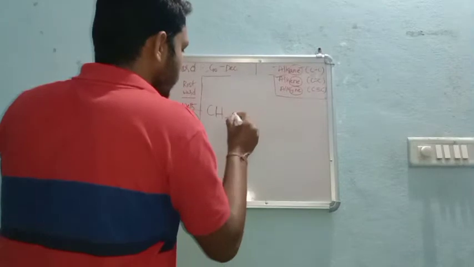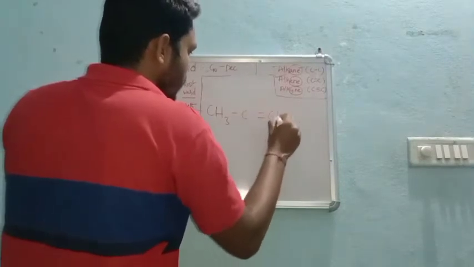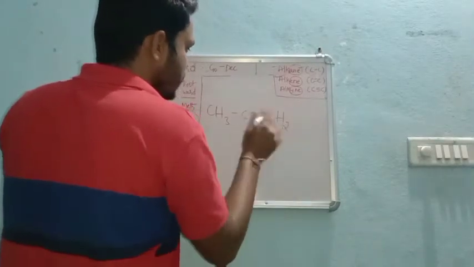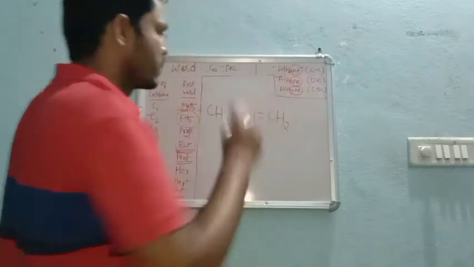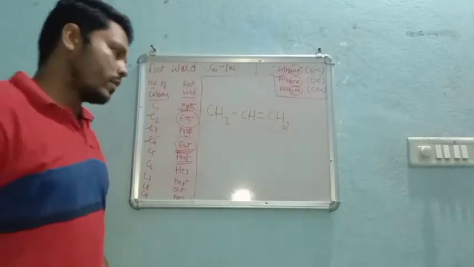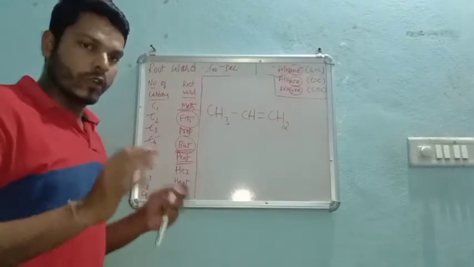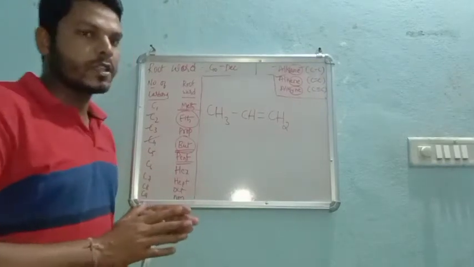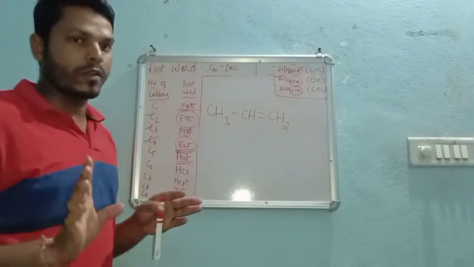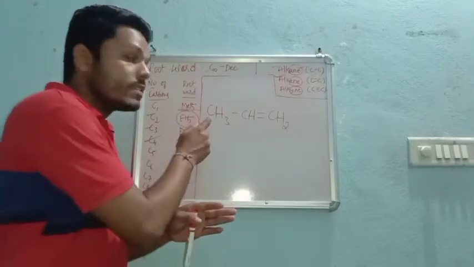So now CH3 double bond CH2, that means CH3, CH, right? Check the valency of carbon in this compound. Before going for the naming, we must check whether the compound is correct or not with the valency of carbon.